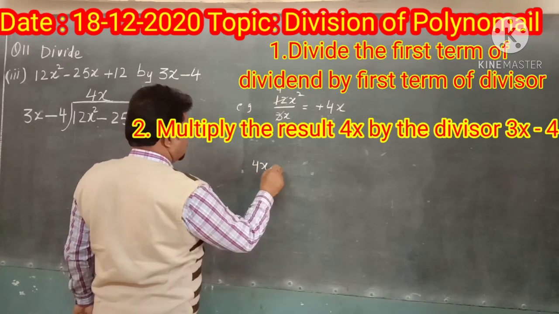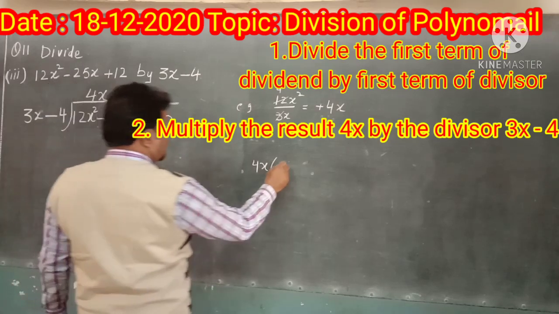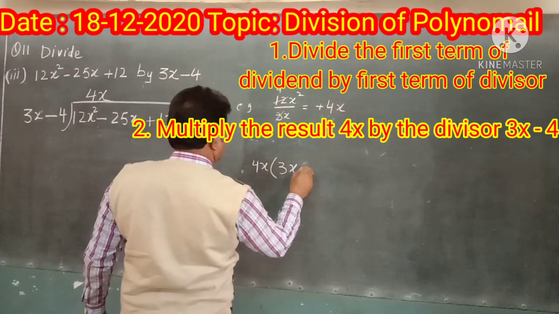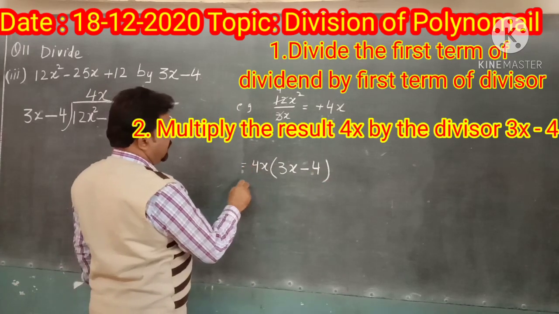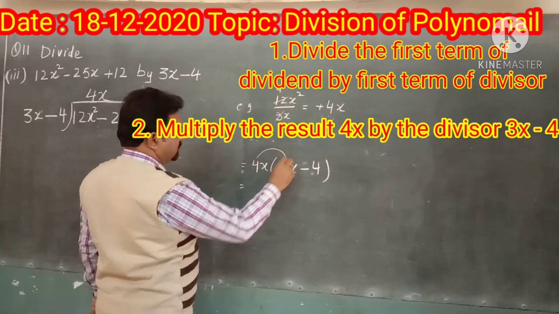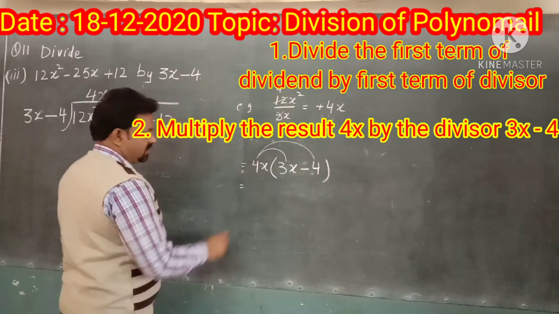4x multiplied by 3x minus 4. How do we multiply? First we will multiply 4x by 3x, then 4x by 4.